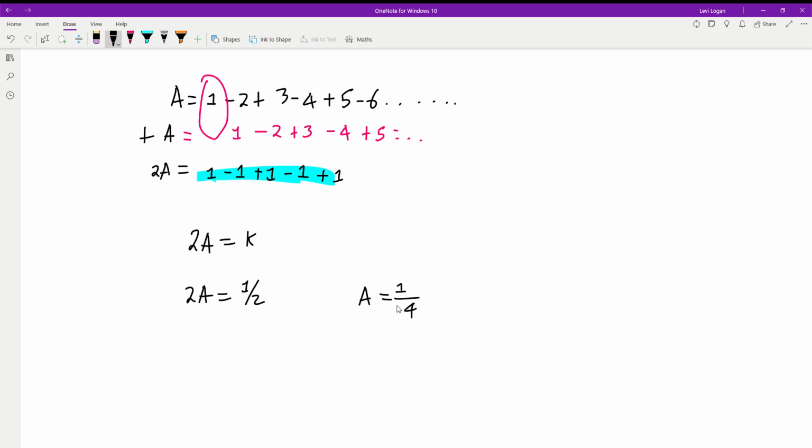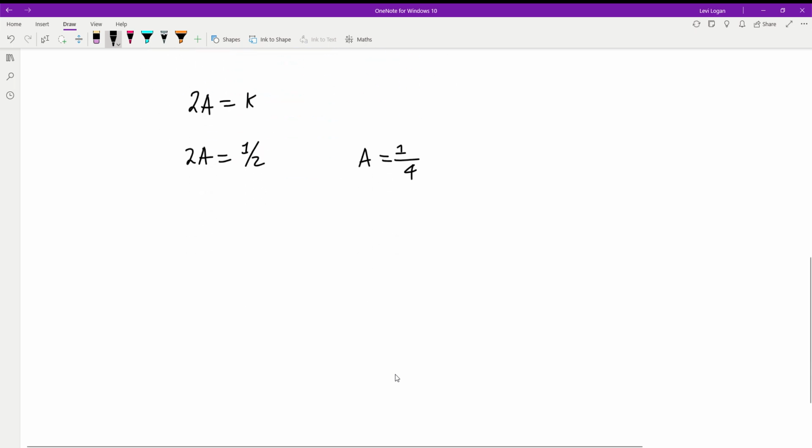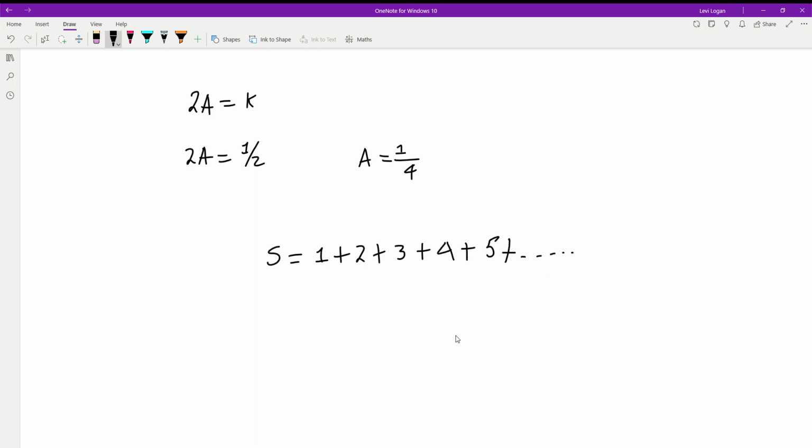Now that we have this, we're going to look at another series. Let's consider the sum of positive numbers again, S, so 1 plus 2 plus 3 plus 4 plus 5, and so on.